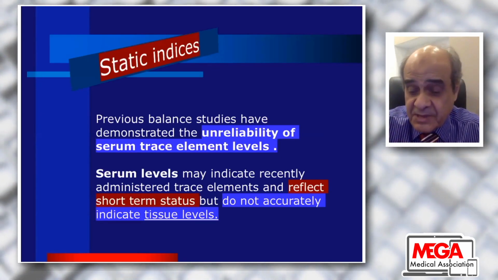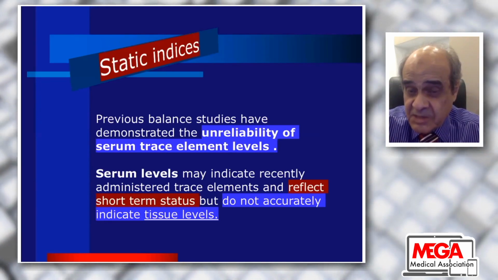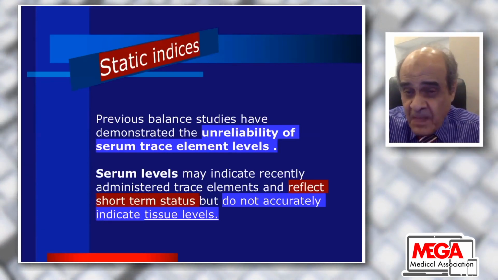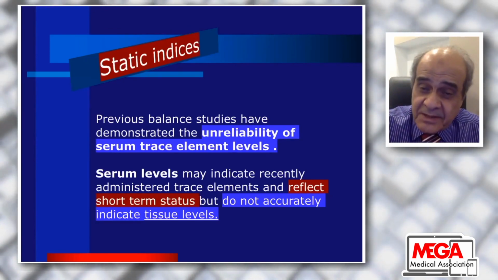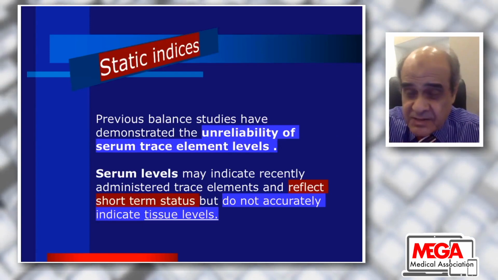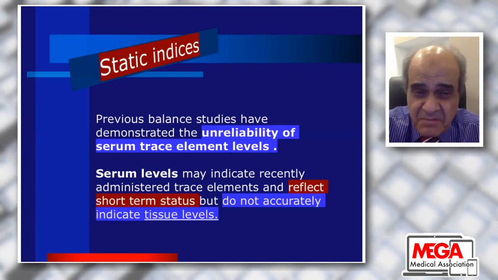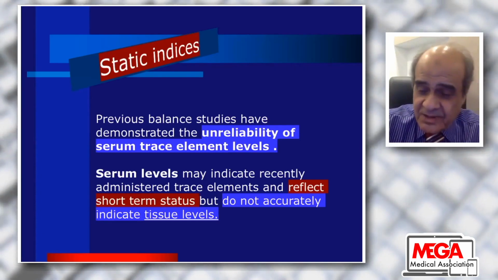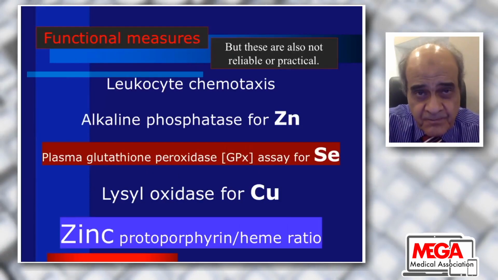Maybe the patient is suffering from a trace element deficit in the tissue, but in the blood it may be optimum, and also maybe the trace element is migrating to the exudates or through the fistula, and so on. The estimation may not be an accurate indicator of trace element stores in our body.